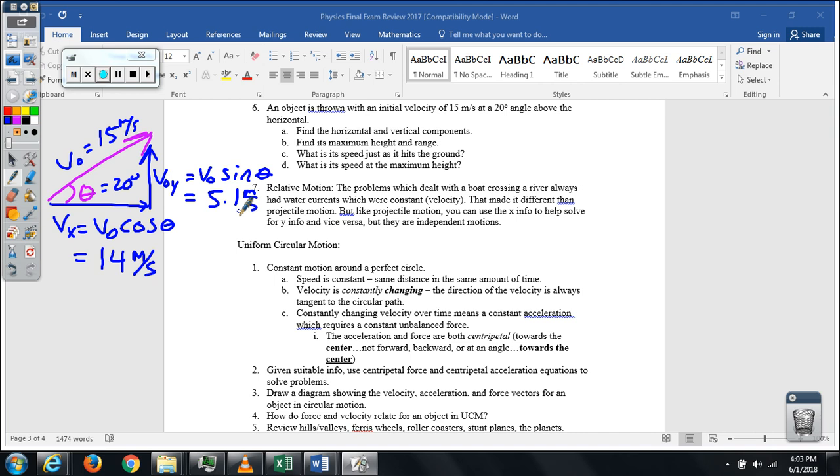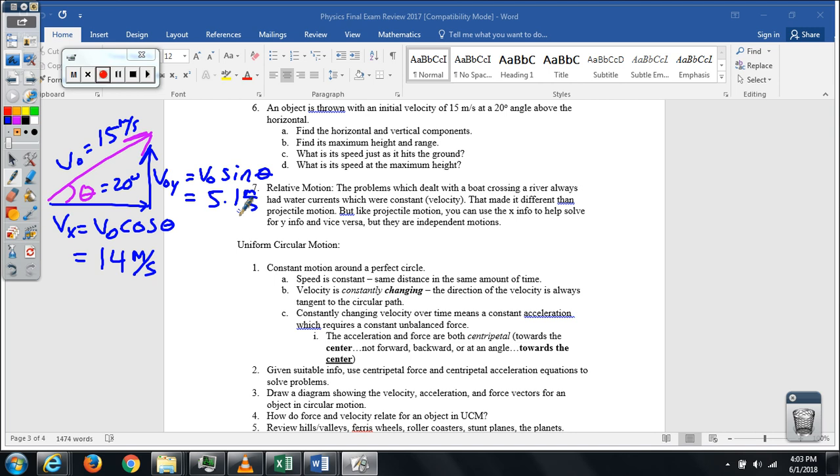So this object is going to move forward at a speed of 14 meters per second to the right. So if you wanted to keep under this object, you'd run at 14 meters per second. Now, the fact that its speed upward is only 5.1, we know that gravity decelerates objects that are moving up at a rate of 10 meters per second per second.